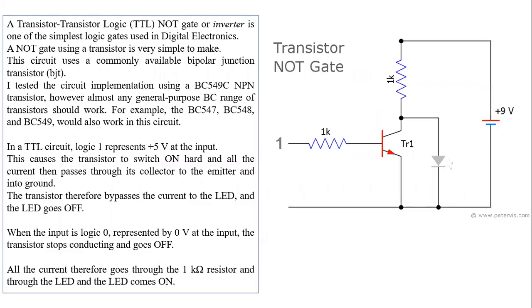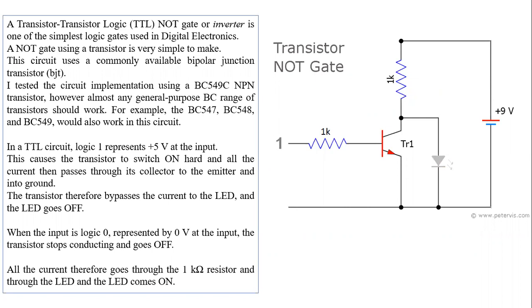Now, what is a NOT gate? If you look at the diagram, it's a transistor with a few resistors across it, and we have given a DC voltage so that the emitter and collector of the transistor get the respective voltage, so it turns on. In this TTL circuit, logic 1 is represented as plus 5 volts.